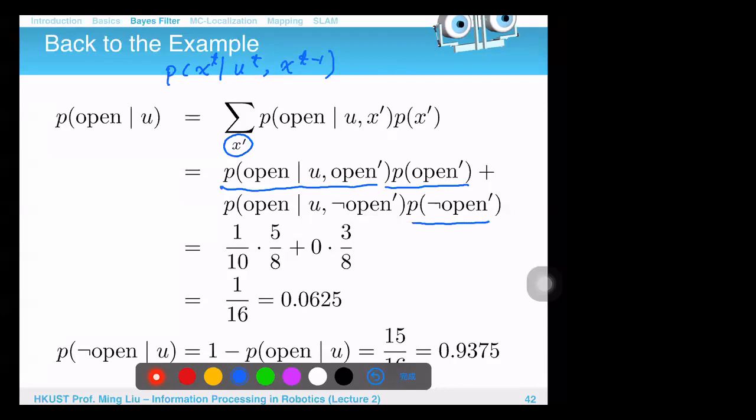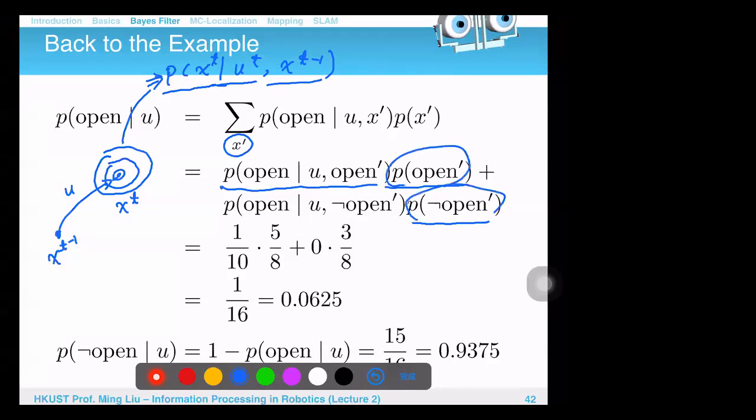If previously the robot is here, and you apply a control u, finally it will arrive maybe like a Gaussian distribution here as x_t. This is exactly the distribution of x_t given u and the previous state. So we sum over all the previous x prime.